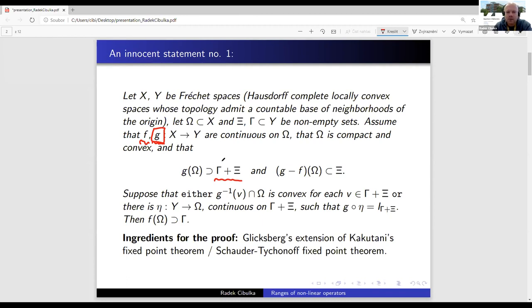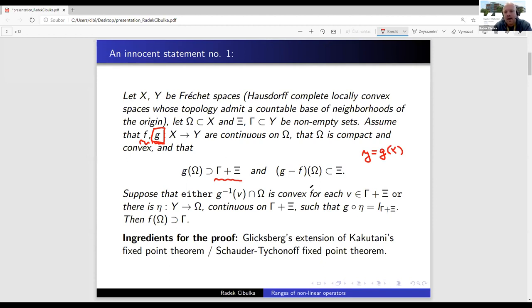So this inclusion means that for each right-hand side in quite a large set, I am able to find a solution which satisfies my constraints.